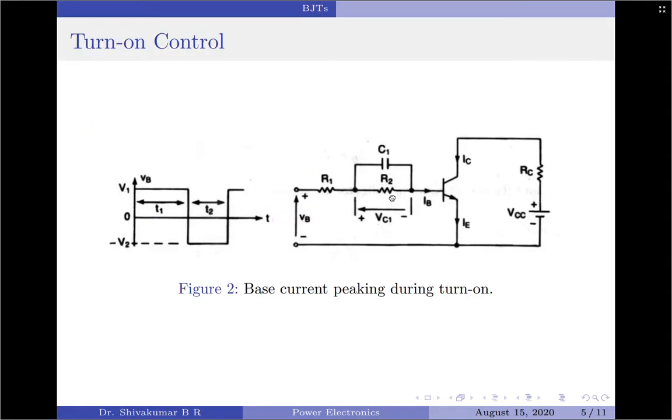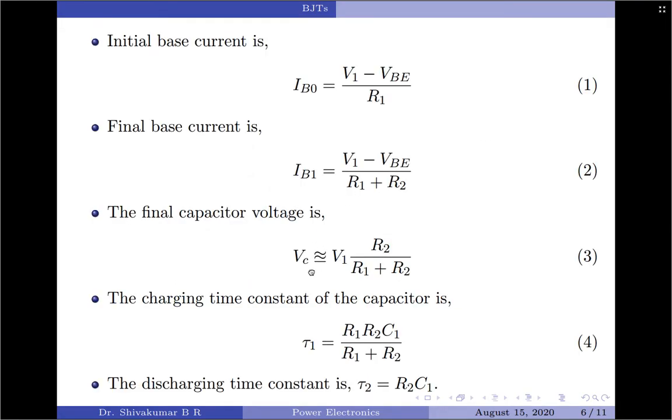So now that we are taking into consideration the capacitor charging and discharging, it is very important that we note the final capacitor value, or in simple words, the maximum capacitor voltage that can be applicable here. That is simply calculated by using this equation. The capacitor voltage is approximately equal to the input voltage multiplied by R2 divided by R1 plus R2.